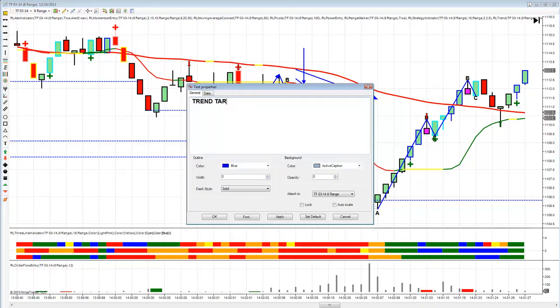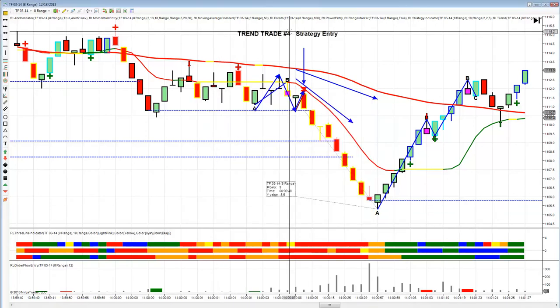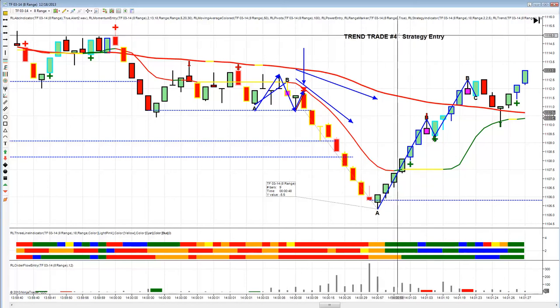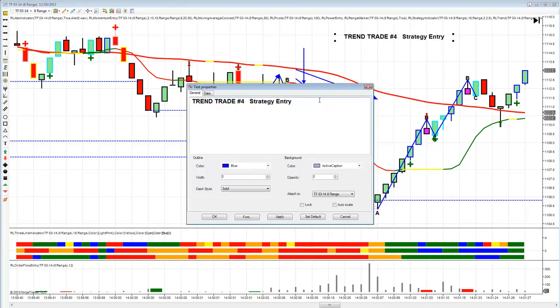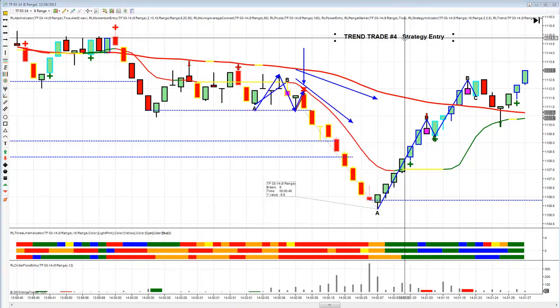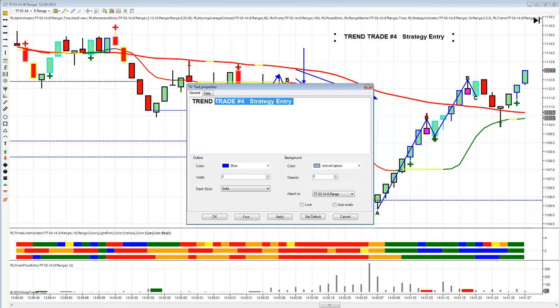So trend trade number four, strategy entry. Now, these are the most conservative trade entries that you're going to see anywhere on any software system. Trend trading is without a doubt the most profitable way to trade.